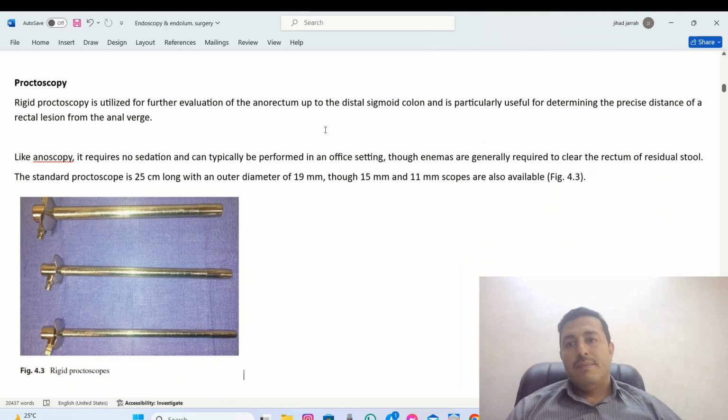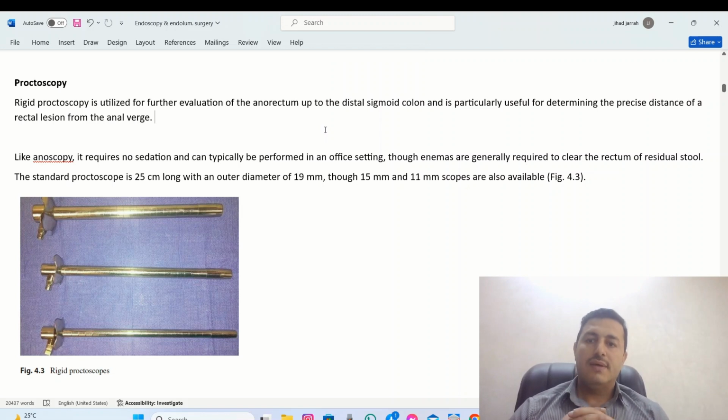Okay, proctoscopy, we're still talking about a rigid instrument, so it has advantages and disadvantages. When we move a little bit up, we start to talk about flexible sigmoidoscopy and rigid sigmoidoscopy, but proctoscopy is usually rigid. One of the advantages of the rigidity is that it gives us the precise distance from the anal verge.